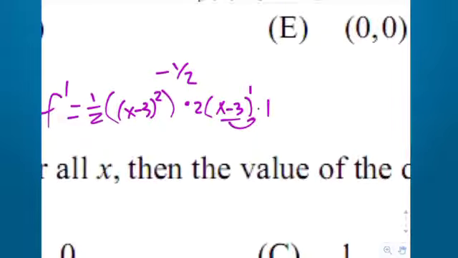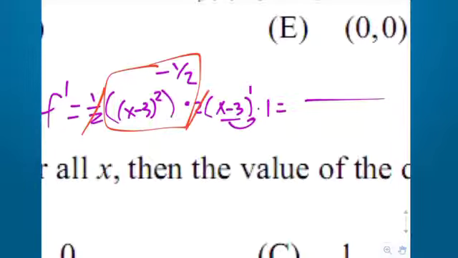When you package this back up, you're going to have a 2 in the bottom and a 2 in the top, so these divide out. But when you put this back in the bottom, it becomes in the denominator the square root of x minus 3 squared, which now goes back into this format.